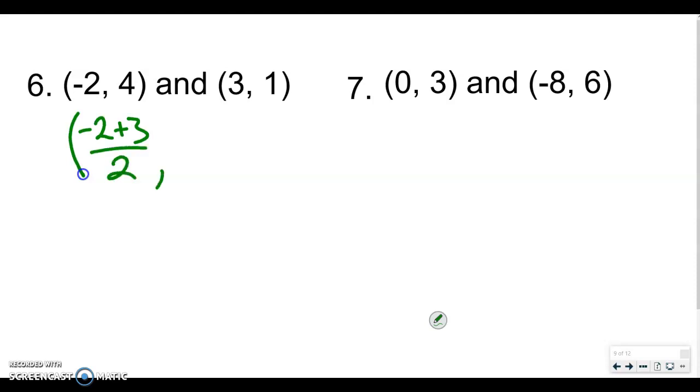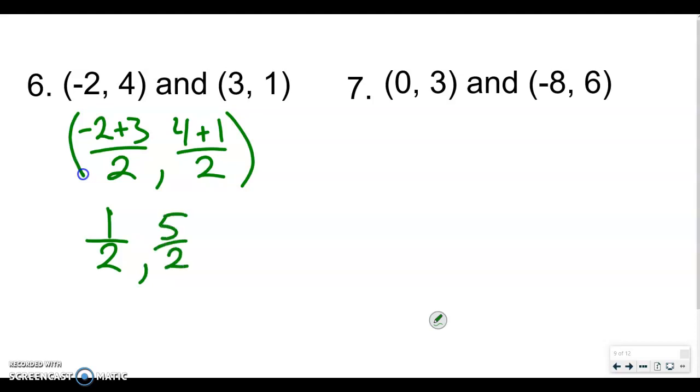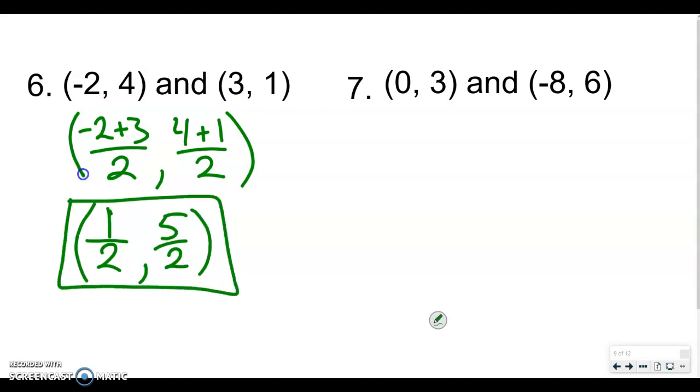And then we will add our two y's together, 4 and 1, and divide by 2. So negative 2 plus 3 gives us positive 1. Divide by 2, that just stays 1/2. And then 4 plus 1 is 5 divided by 2. That can stay as 5 halves. So the midpoint of number 6 is 1/2 and 5 halves.